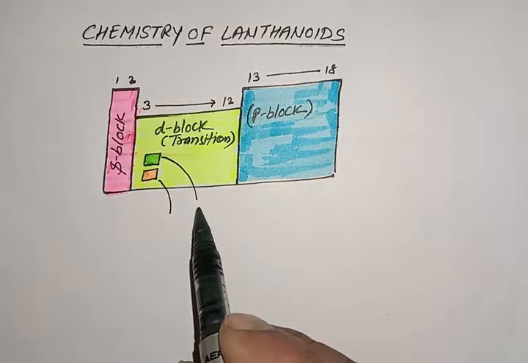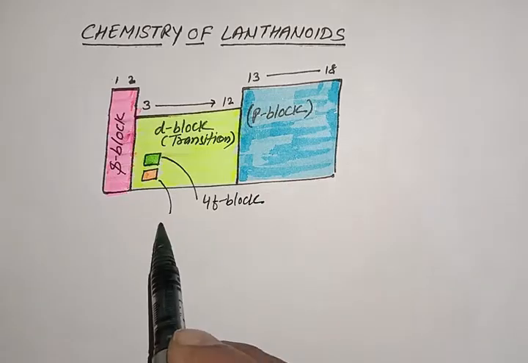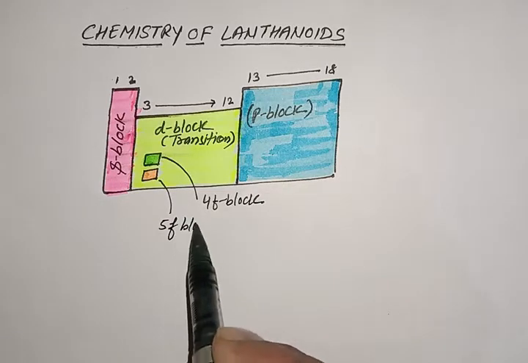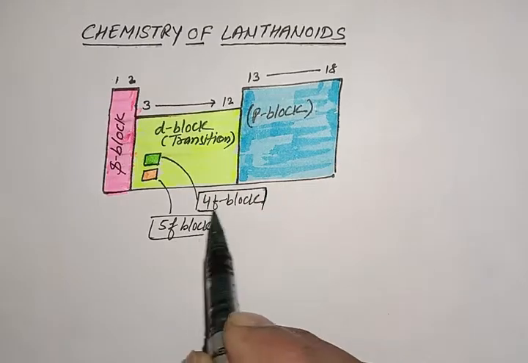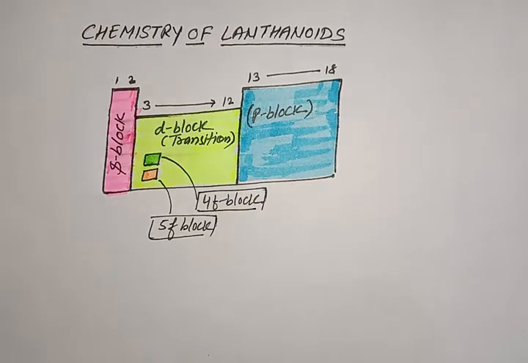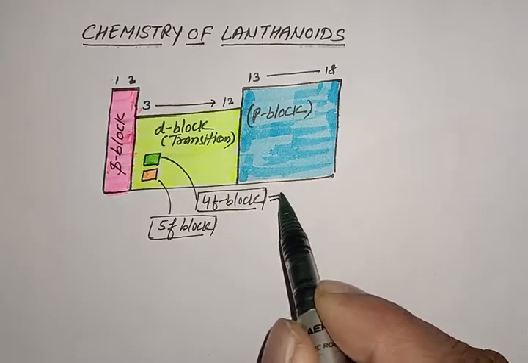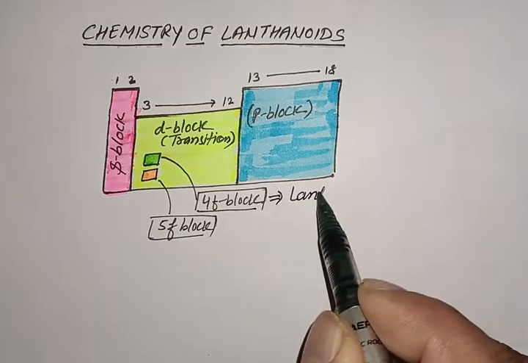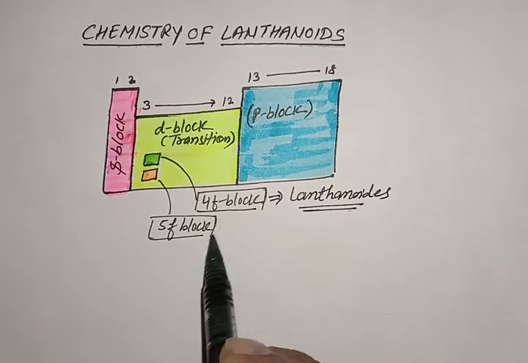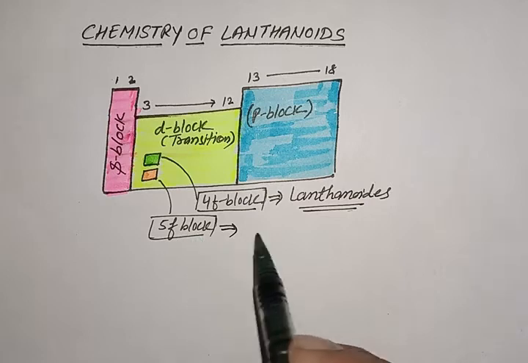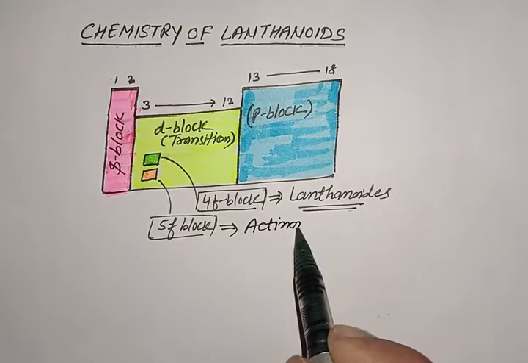These two series of elements are called 4f block elements or 5f block elements. These 4f and 5f block elements are also called lanthanoids and actinoids. So 4f block elements are also called lanthanoids or lanthanides, and these 5f block elements are also called actinoids or actinides.